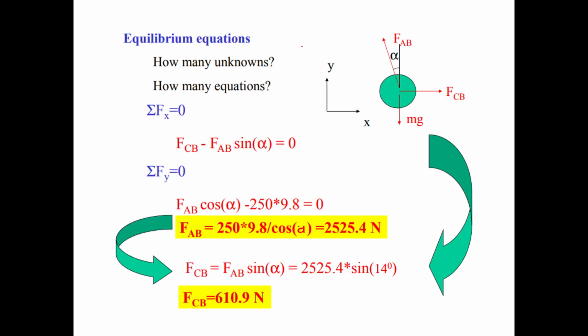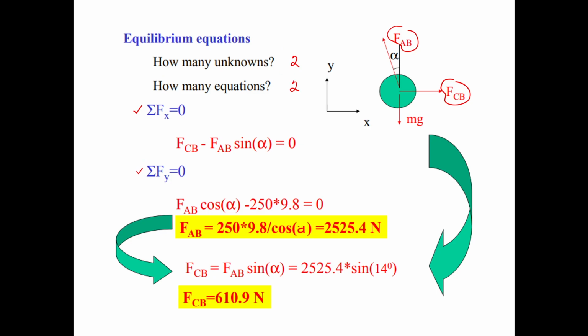Okay, so again, in determining the unknown forces, we have two unknown forces, that's FAB and F sub CB. So we have two unknowns, and in order for us to solve the two unknowns, we need two equations. So we have the summation of forces x equals 0, and the summation of forces y equals 0.